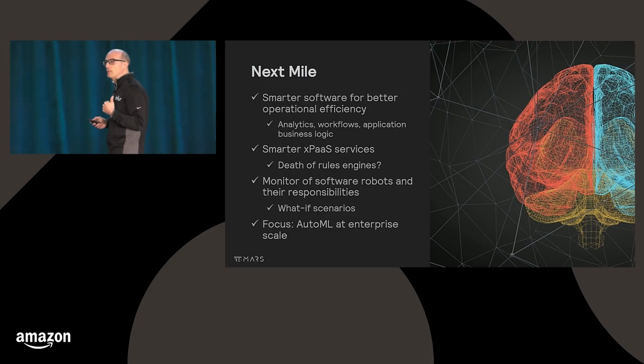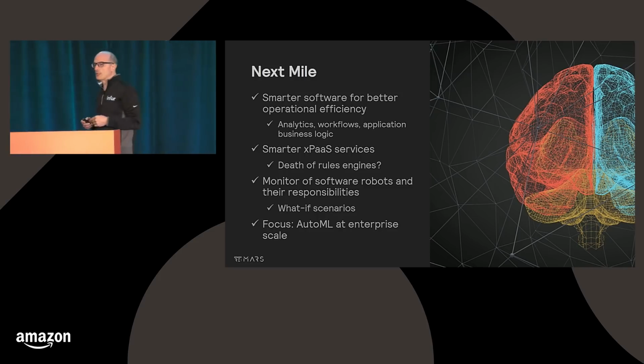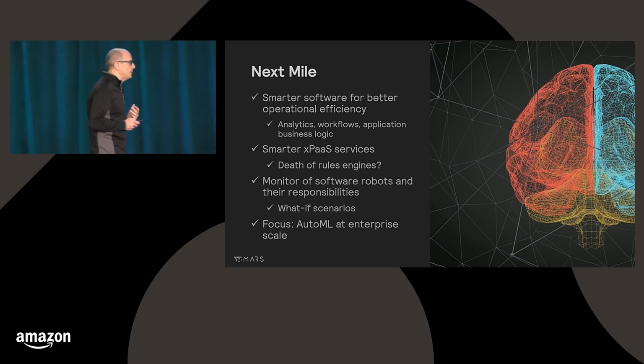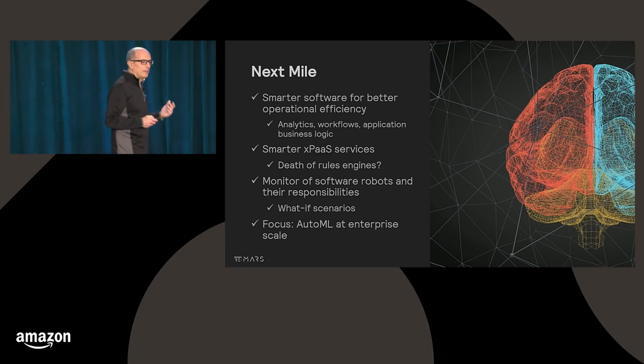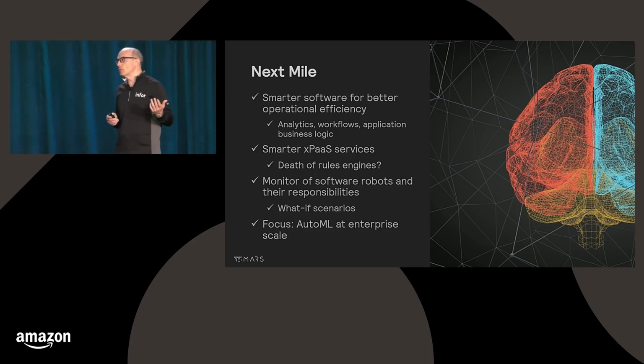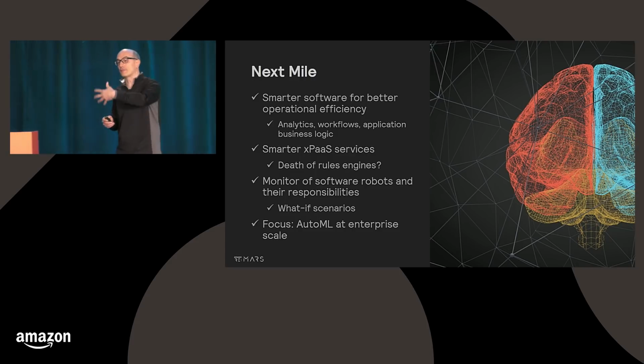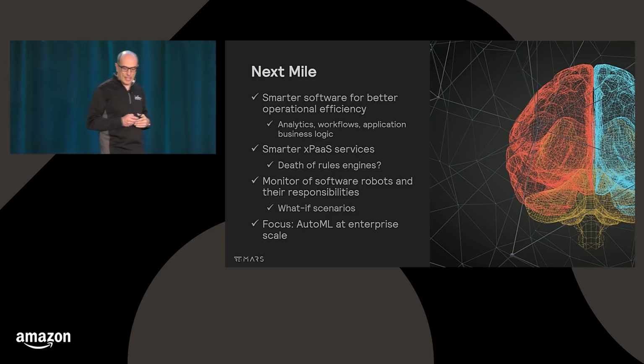You don't need a rule engine anymore. They're going to have an AI engine to decide. So our API gateway, our event-driven ESB, data lake, and other tools will use AI as well. So it's not going to be built only for business software, but also for platform services as well.